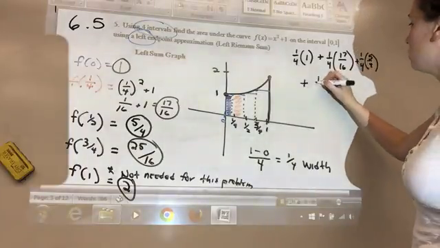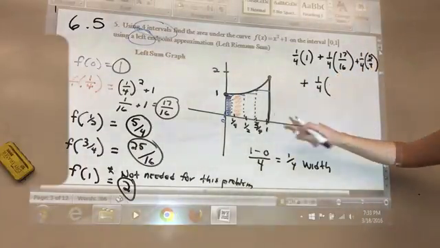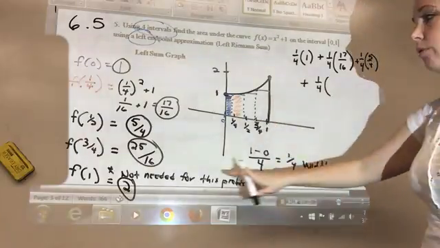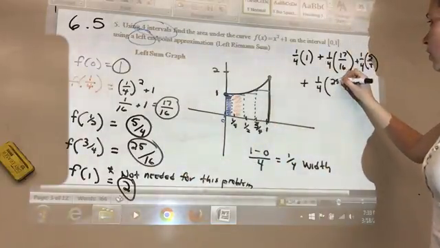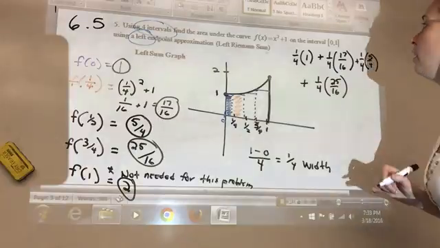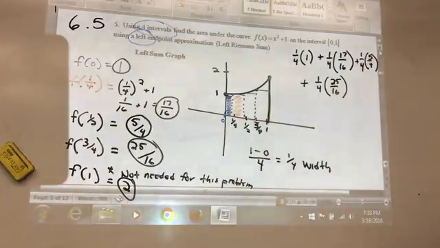I'll just add it here, plus 1/4 times, and then we're on our last rectangle, the height of f of 3/4 is 25/16. And I am more than okay with you using a calculator for this to compute.